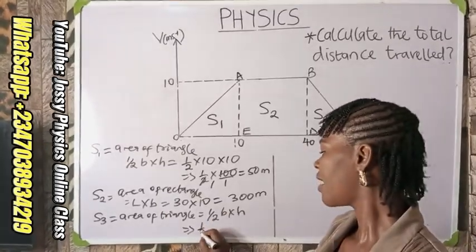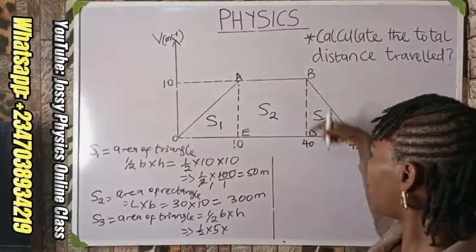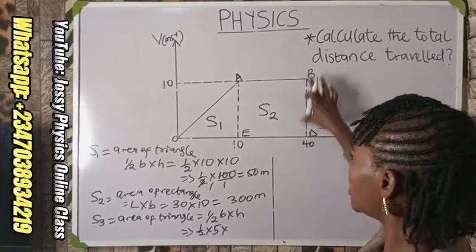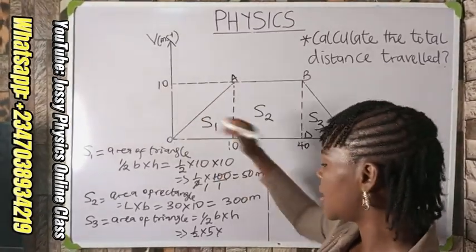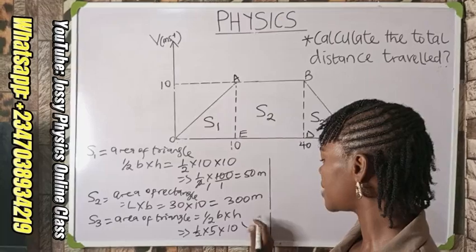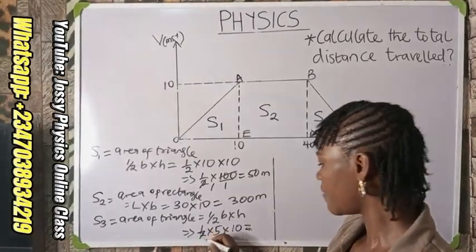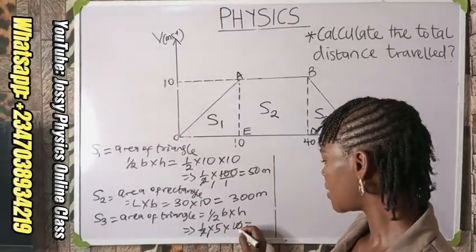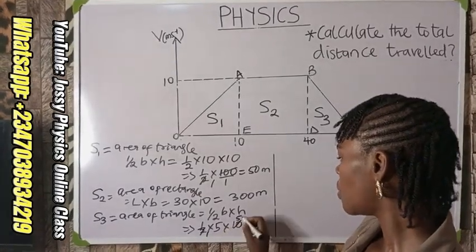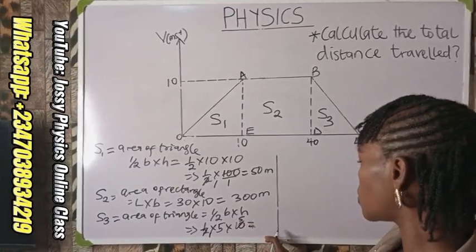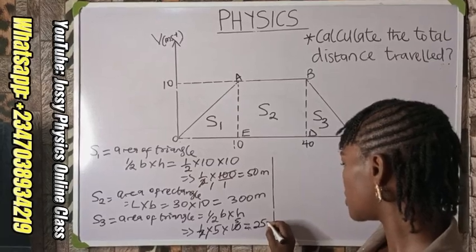So I have half times 5. What is my height? My height is BD. I will also take it out from the axis: 10 minus 0 gives me 10. So I will say times 10. Now, 2 can divide itself, 1, and 2 can divide 10 to give 5. So 5 times 5 gives me 25.